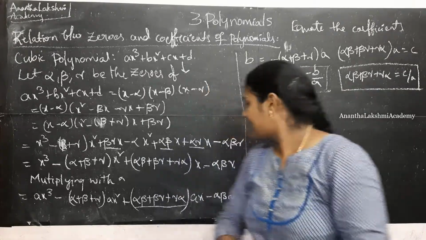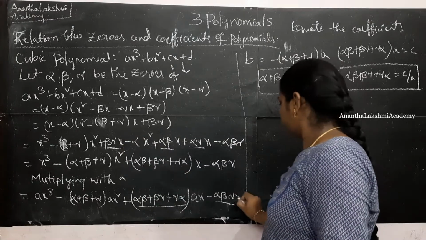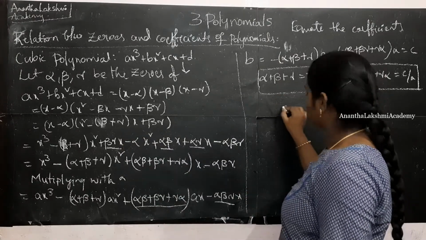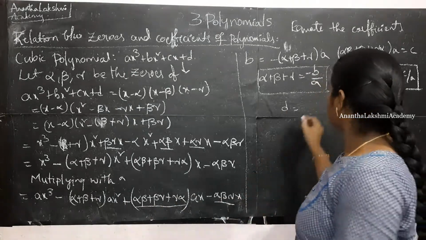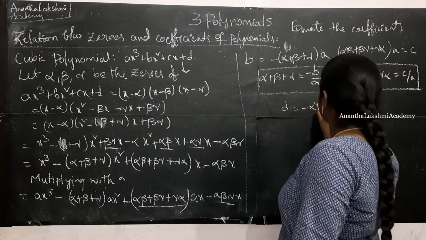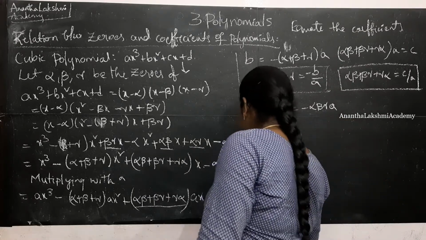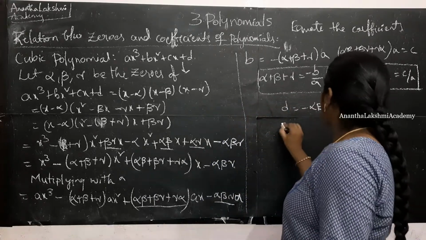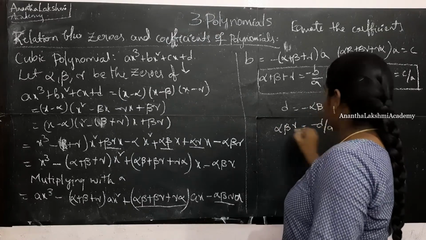All right. Next we have d. D is equal to, okay, d is equal to, when we multiplied the whole equation with x, we got minus alpha, beta, gamma into a. All right, this is a. So alpha, beta, gamma is equal to minus d by a.